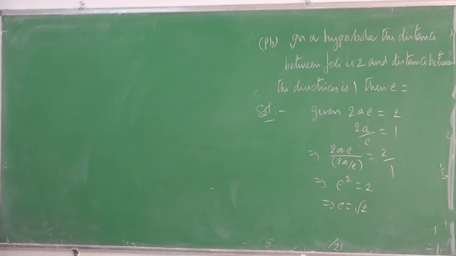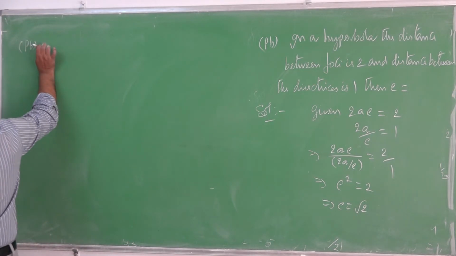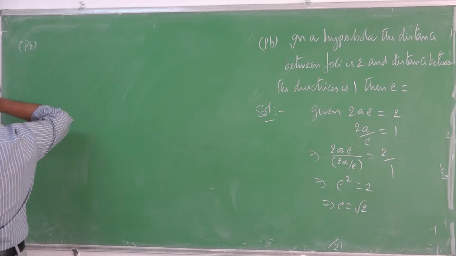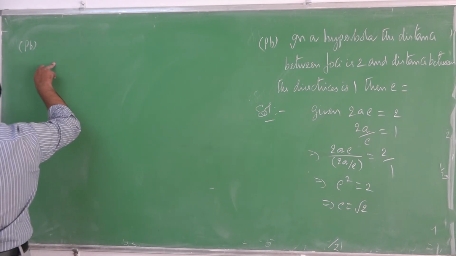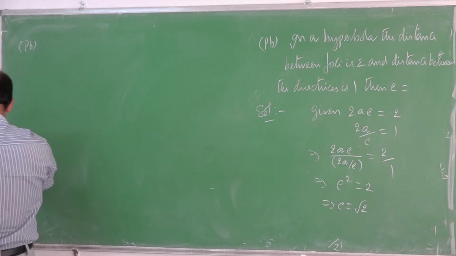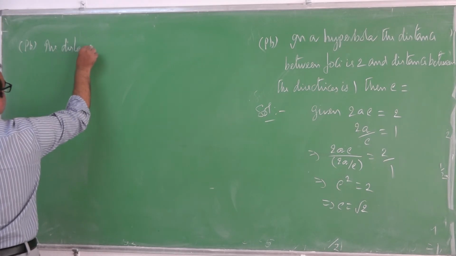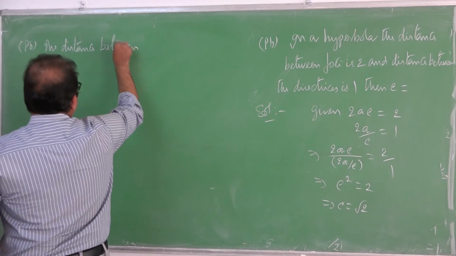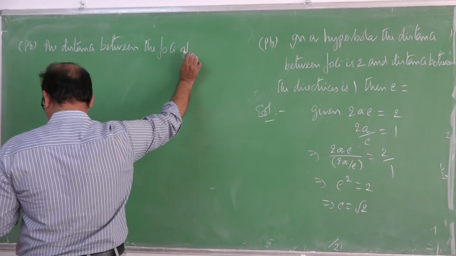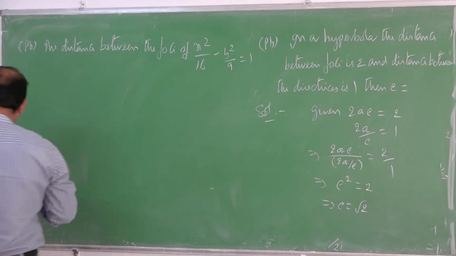Next, find the distance between the foci of the hyperbola x square by 16 minus y square by 9 is equal to 1.